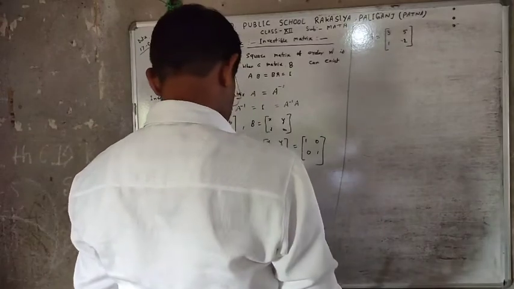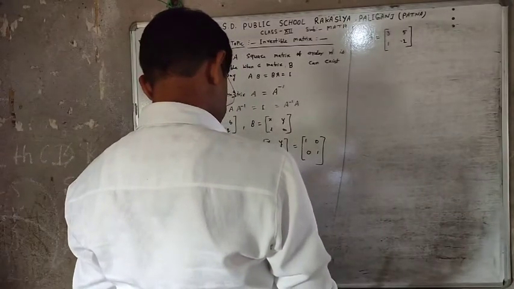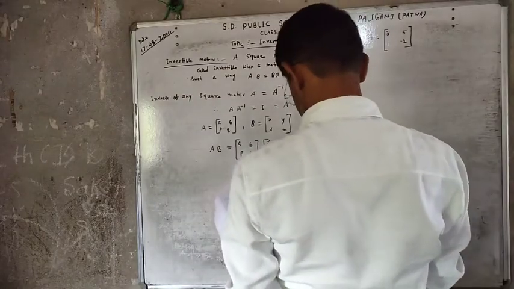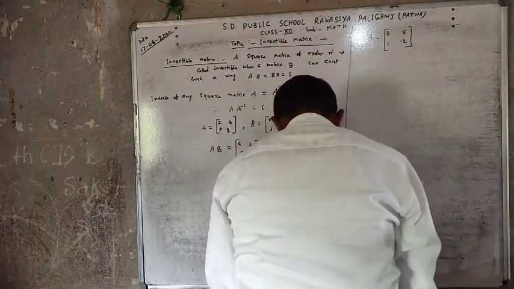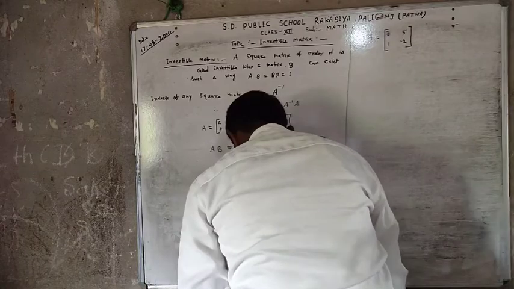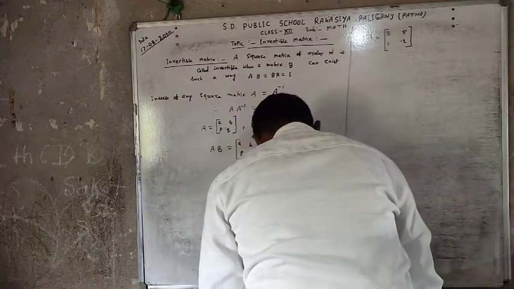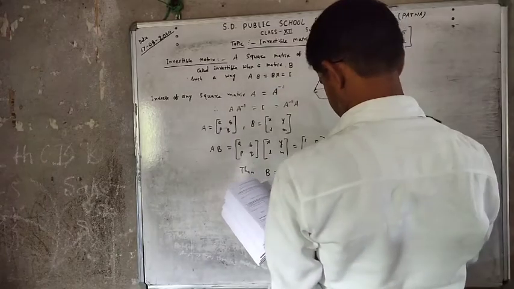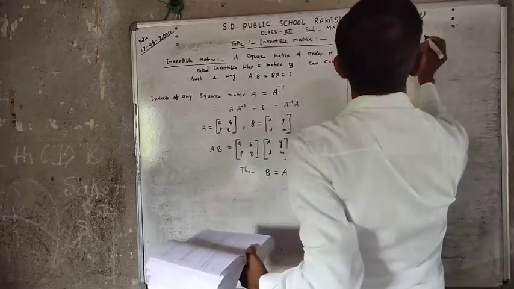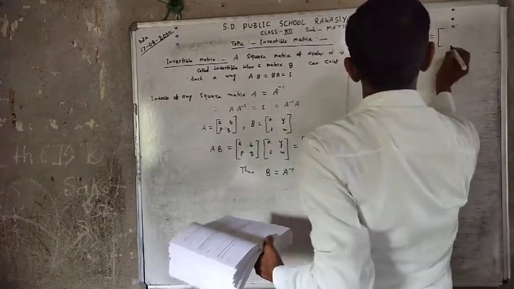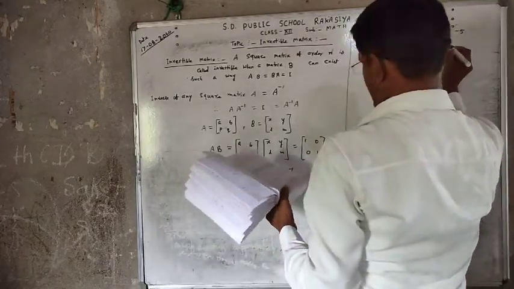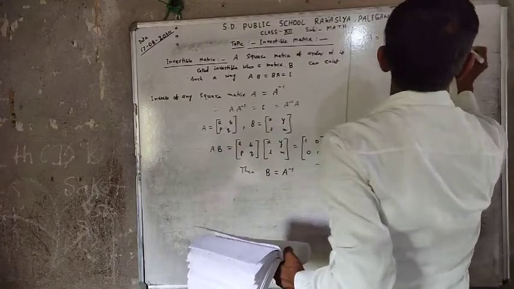The second matrix is B, whose elements are 2 and minus 5, minus 1 and 3.